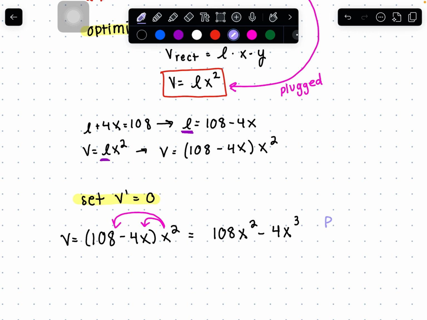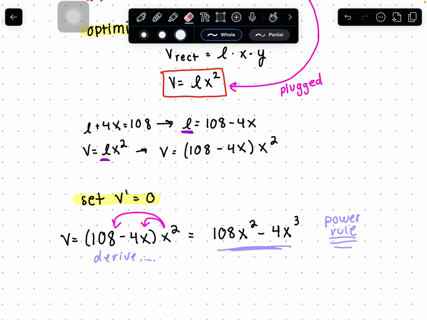Now we can just do power rule. Seriously, you should only ever need to do power rule. Just make sure you actually take the derivative, because so far all we've done is just some algebra.